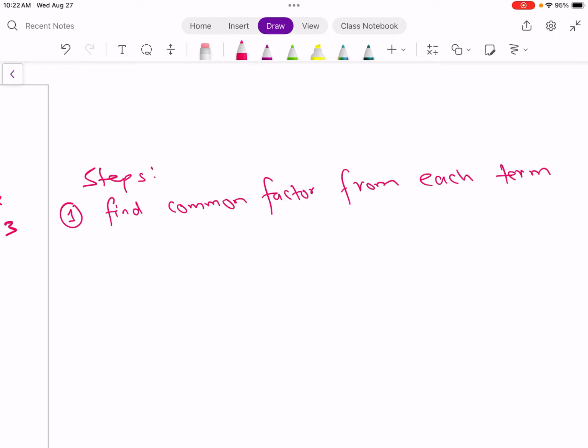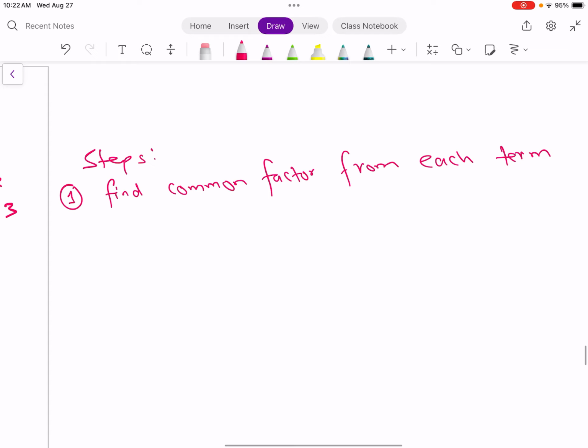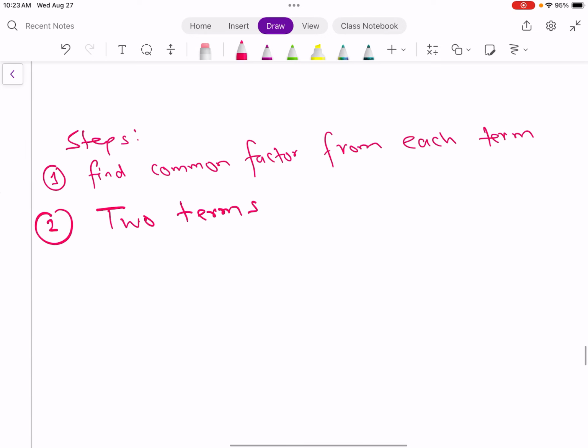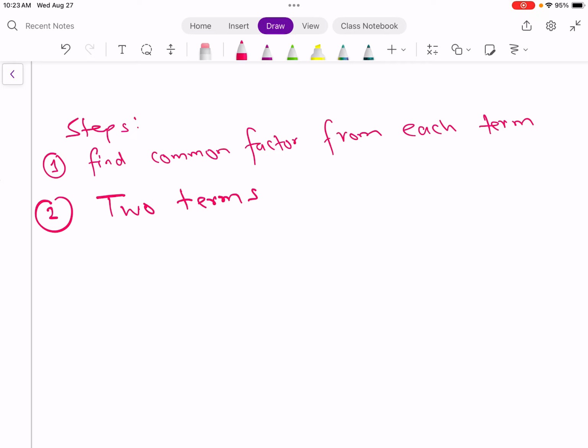Okay, once you find the common factor, the second step depends on how many terms we are given. If we have two terms, there might be a difference of two squares. We'll have an example, but these are the general methods.